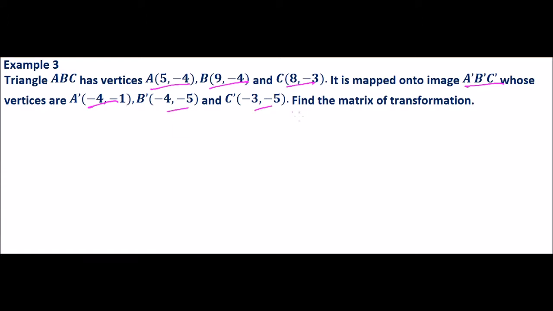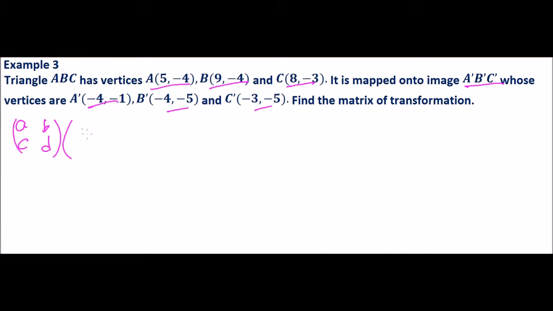So for us to be able to do this, let's assign the transformation as A, B, C, and D. From there, we will multiply this by the matrix formed from the vertices of the object, 5, 4, then 9, minus 4, then 8, minus 3, and we close the bracket.